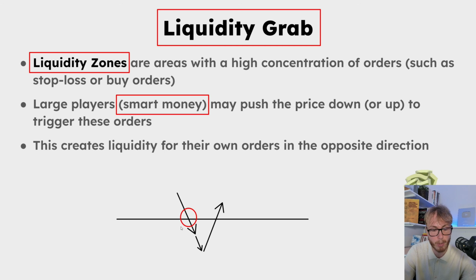And because the price broke the support right here, this will often lead to many traders actually entering a short position, betting that the market will continue to fall. And when you enter a short position, you place your stop loss above the current price. So now we might have many stop loss orders at this point.